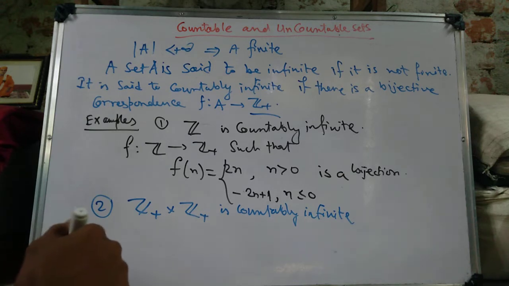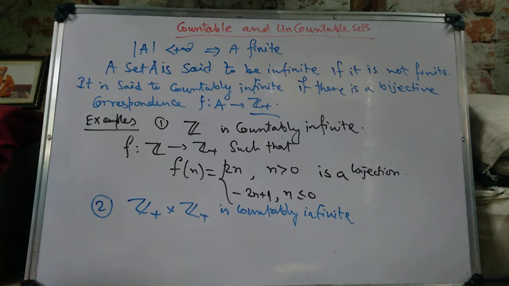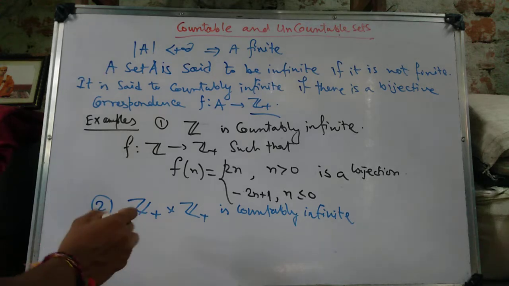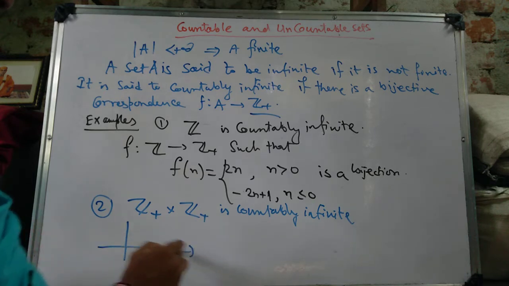Z plus Cartesian product Z plus obviously has a bijective correspondence with some set. Then we represent the elements of the product by the integer points in the first quadrant. On the left hand portion we draw a figure here.